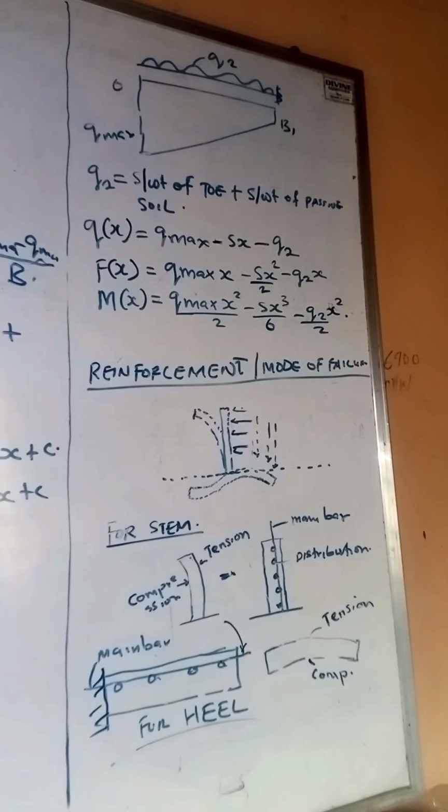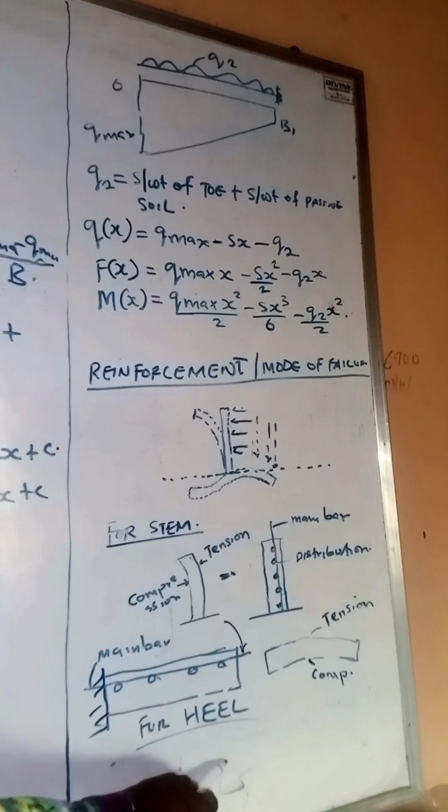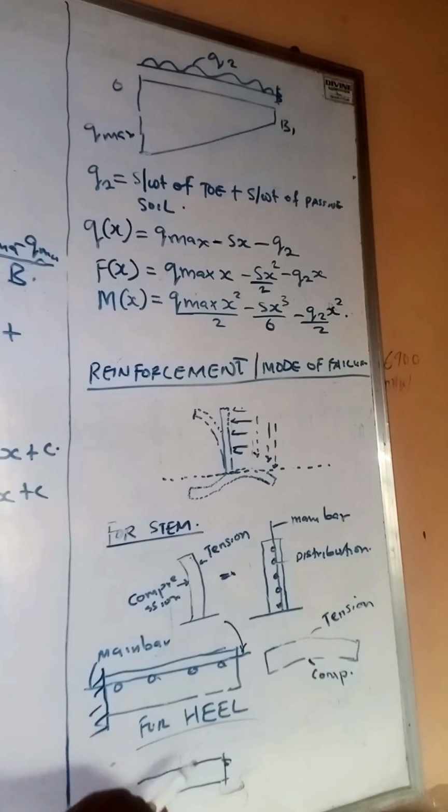Also, if you look at the toe, remember the toe comes this way to the left. For the toe, the main reinforcement will be at the bottom, and you're going to have a distribution bar.